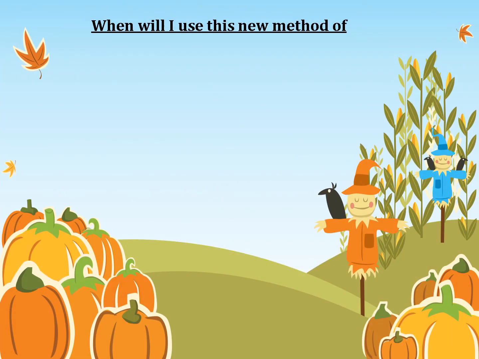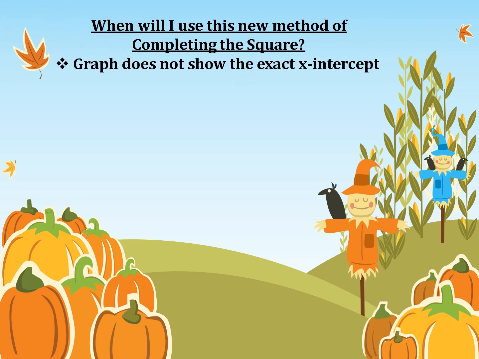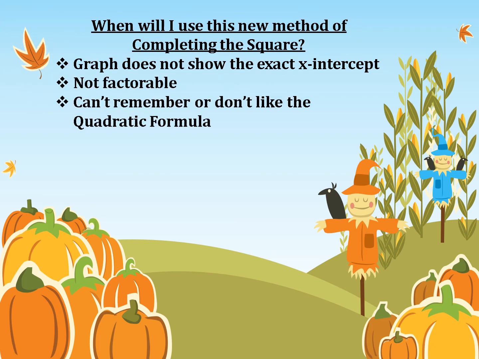All right, and just to conclude, when will I use this new method of completing the square? You'll use completing the square when the graph does not show the exact x-intercept. You could use it when it's not factorable. You could use it when you can't remember or don't like the quadratic formula.